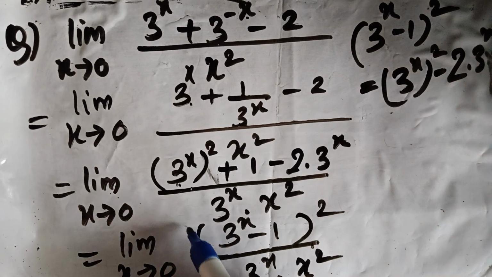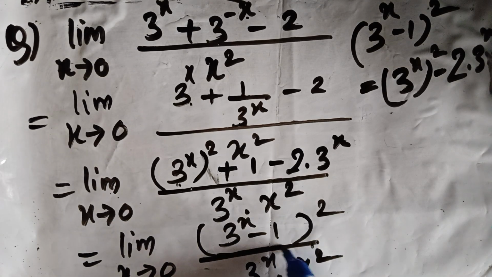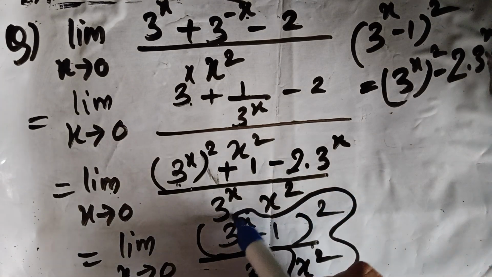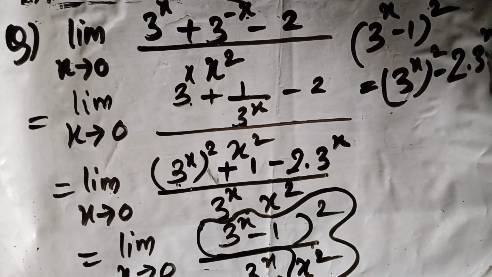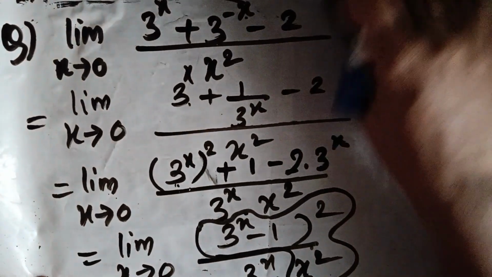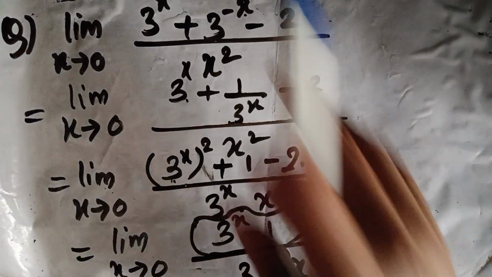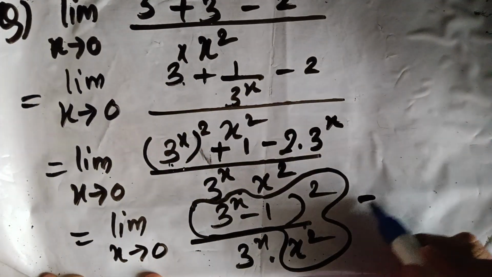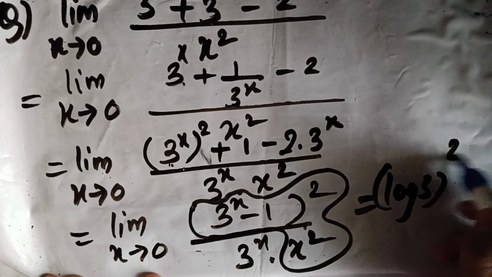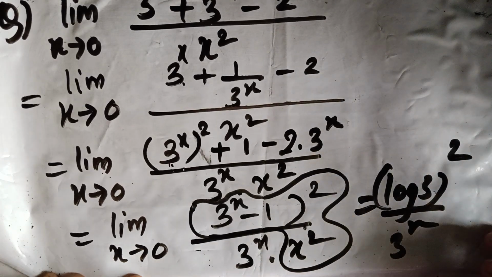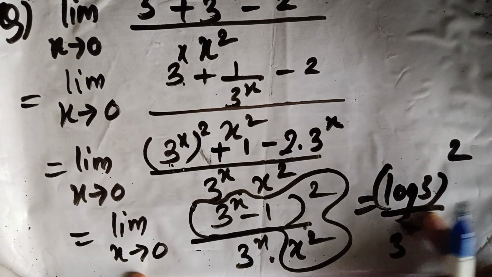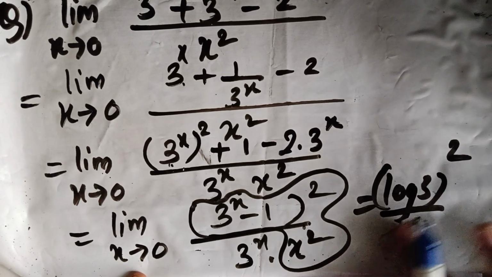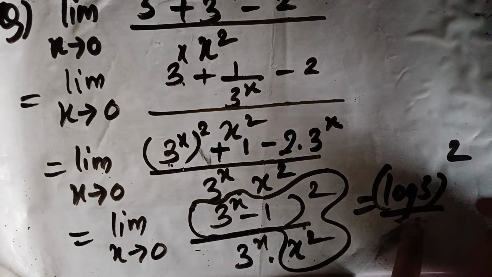So (3 raised to x minus 1) divided by x square becomes (log 3) square, divided by 3 raised to x. Now I have to take the limit, so this will be 3 raised to 0, which is 1. So the final answer is (log 3) square.